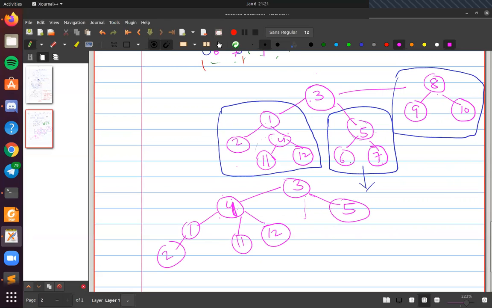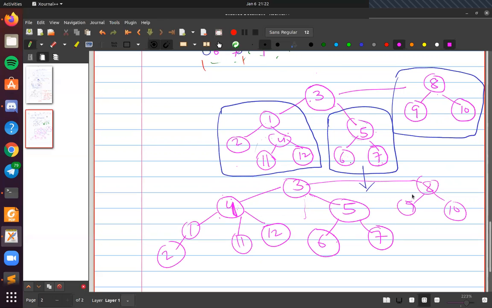We join this with this, and then we are left with 6. 6 is the only node in the new tree, so it is the centroid itself, so it is joined to this node. 7 is joined to this node, and the same is for 8 9 10. So you don't see the difference in these two trees because they contain three elements. But consider this subtree.